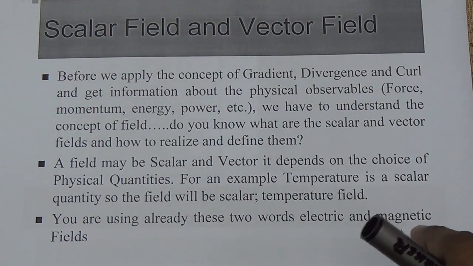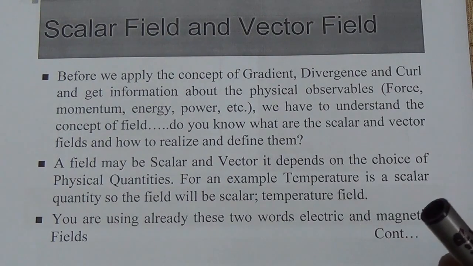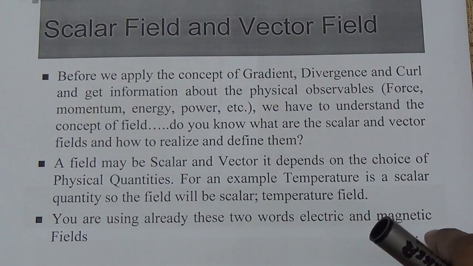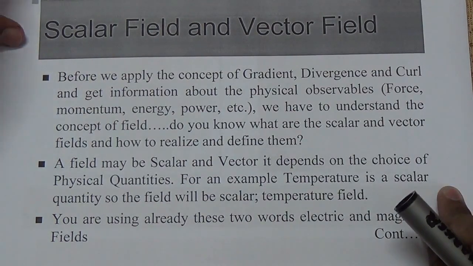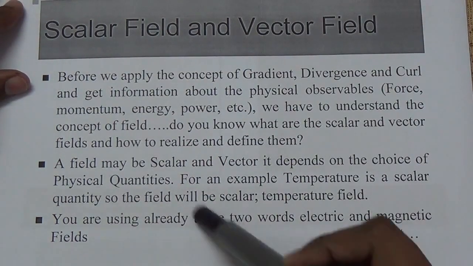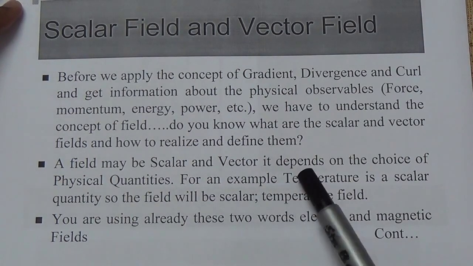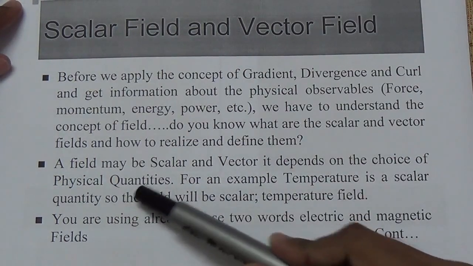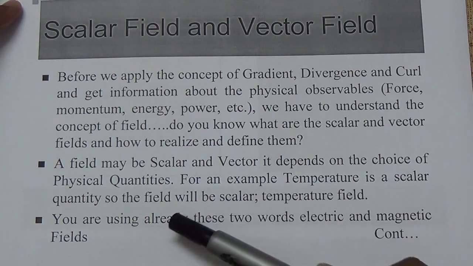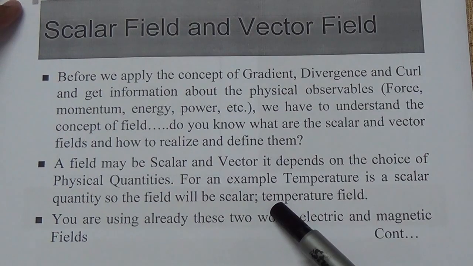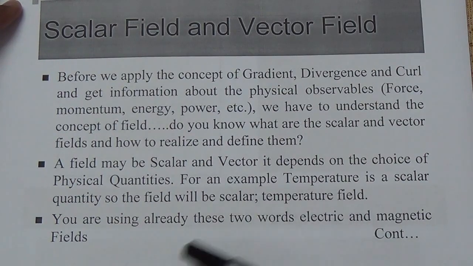Now this field will be treated under the scalar field concept, and for vector fields, electric field and magnetic field both are vector fields. So a field may be scalar or vector. It depends on the choice of the physical quantities. For example, temperature is a scalar quantity, so that field will be scalar, and that field is known as the temperature field.